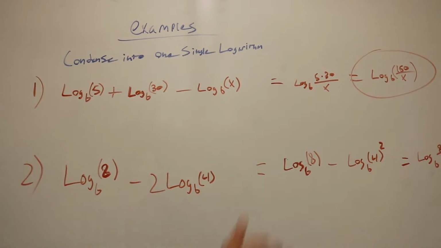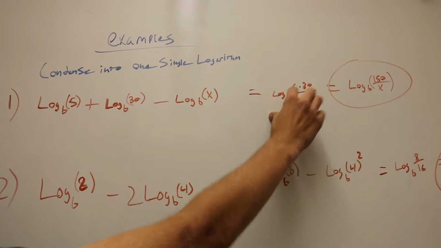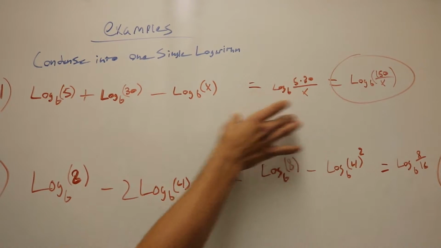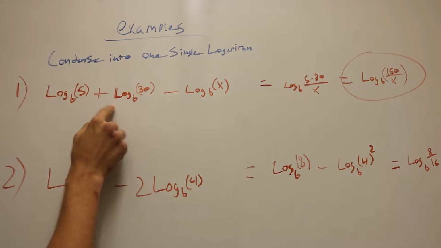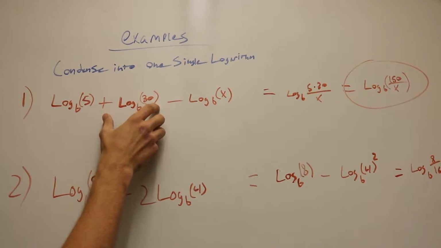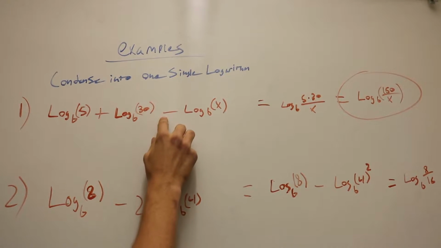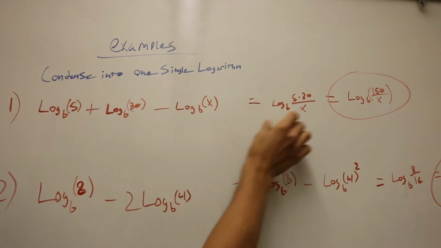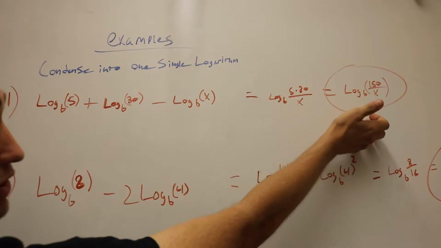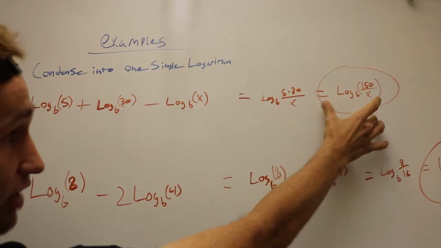What you're going to end up getting is log b of 5 times 30 over x, because if we go back to the product rule, since these two are plus, the 5 will multiply by the 30. That's what you get on top. And then you'll get x underneath because it's minus, and that's the quotient rule. So you end up getting 5 times 30 over x, which results in log b of 150 over x.